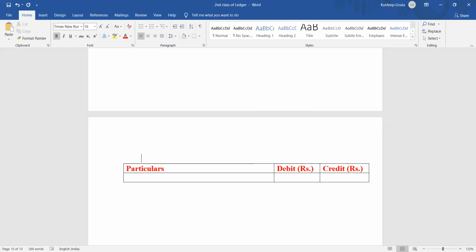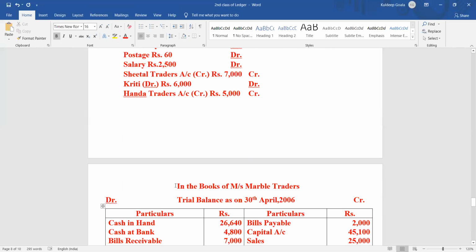At the top, in the same way, you will write Trial Balance as on 30th of April 2006. This is how it is going to appear. At the top, again, you have to write "In the books of Messrs Marble Traders", that remains the same. Clear?